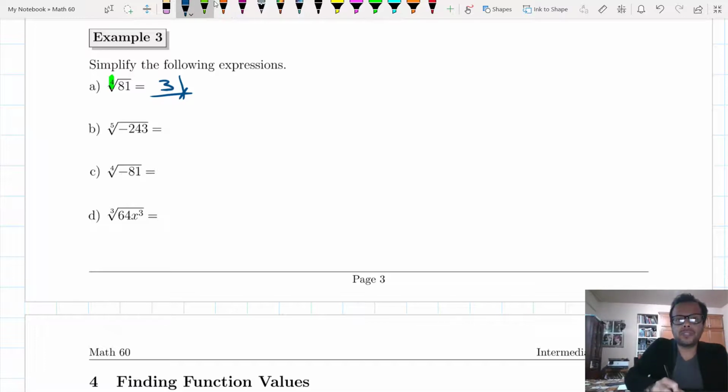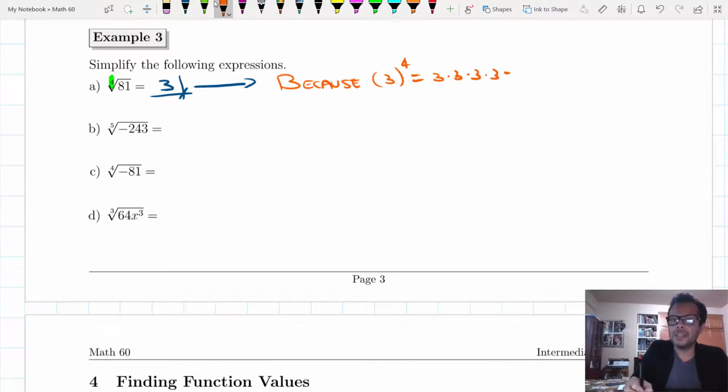In this case, we're looking for the fourth root of 81, and the answer is 3, because 3 to the fourth power, which is 3 times 3 times 3 times 3, equals 81.